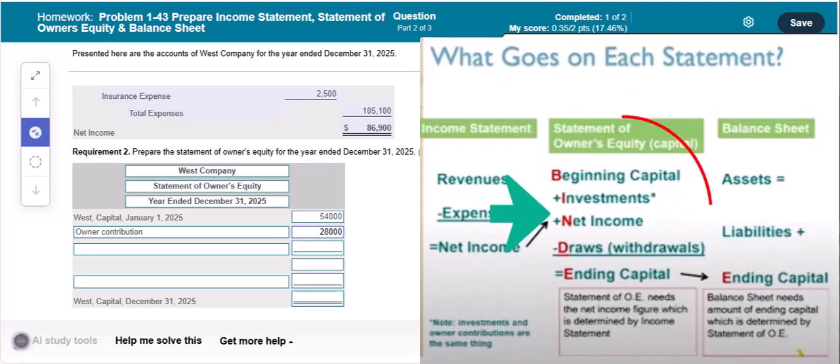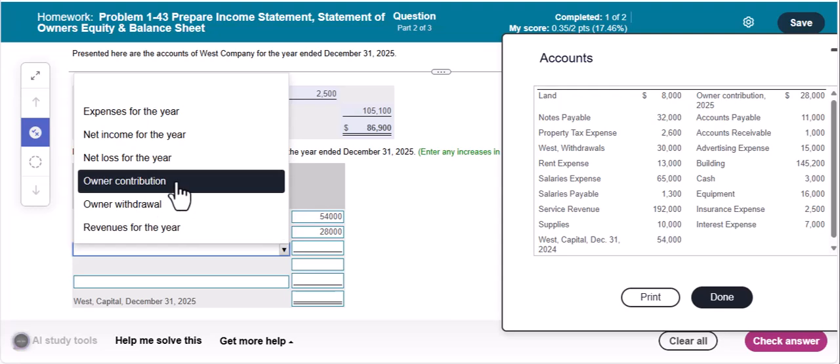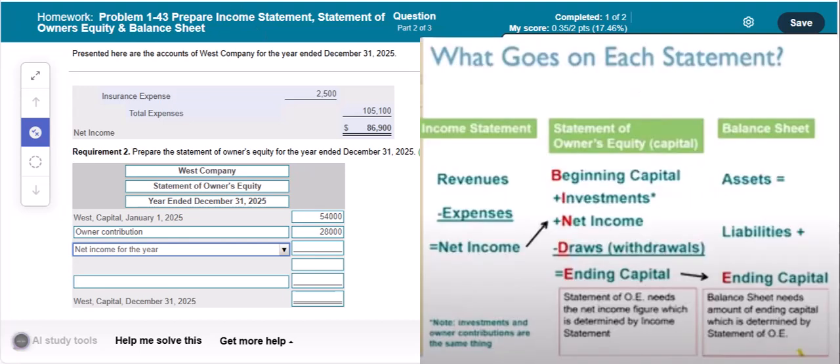So back to our formula again, the BINDE, the N stands for net income next. So where do we have net income? And where do we get the net income from? Is net income in this accounts box here? Well, no. Remember, in the formulas for the 3 statements, we always do the income statement first because we need to calculate net income. So we're going to take the net income from the income statement and then put it into the statement of owner's equity.